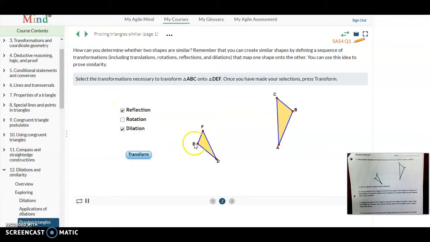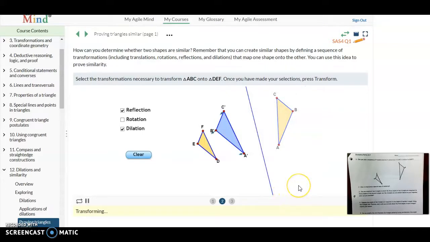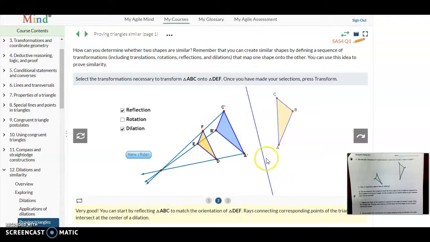So if we do the reflection and the dilation, let's see if that is enough to get us to triangle DEF. So this is the line we're going to be reflecting over, and that creates the image of triangle ABC, A prime, B prime, C prime, and then yes, we can perform a dilation that would map that onto triangle DEF.